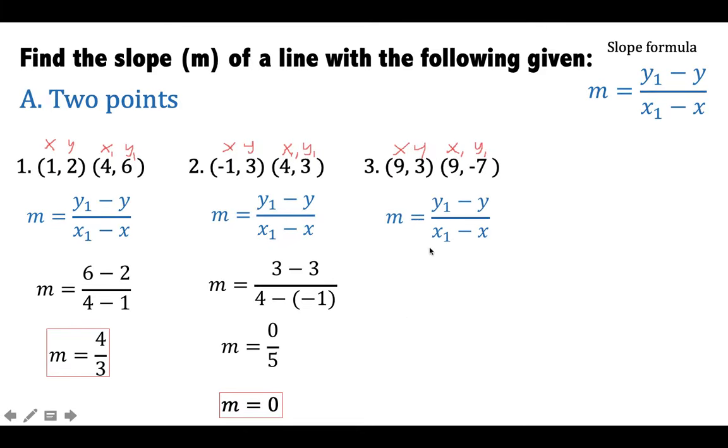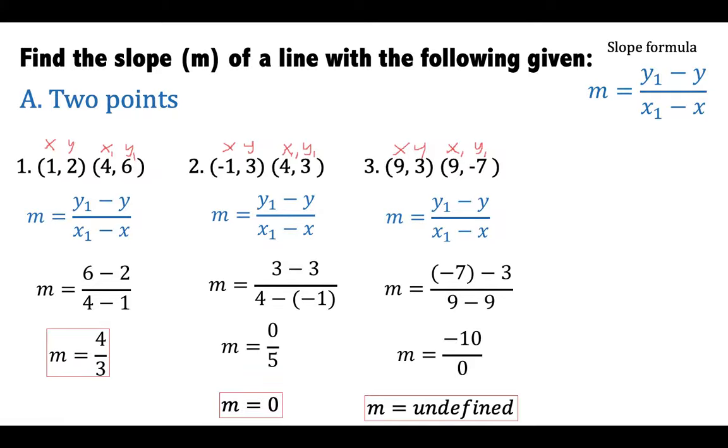After labeling, write down the formula, then substitute. Negative 7 minus 3 is negative 10. 9 minus 9 is 0. And negative 10 over 0 is undefined. Even if you use a calculator, it will say syntax error.